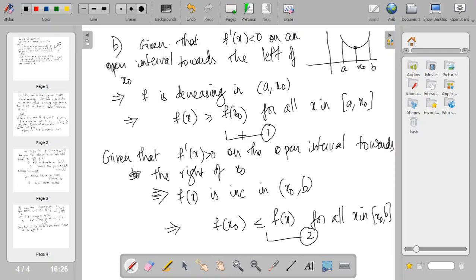So we have got f of x naught is less than or equal to f of x in both the intervals.